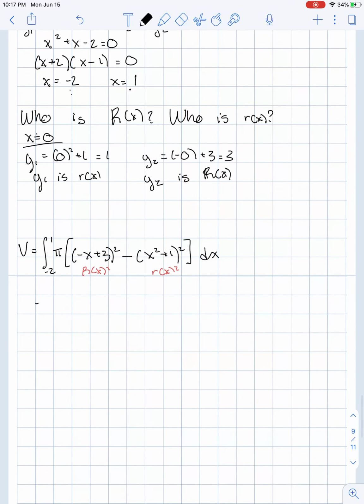Alrighty, so going from -2 to 1 of pi. So let's FOIL.